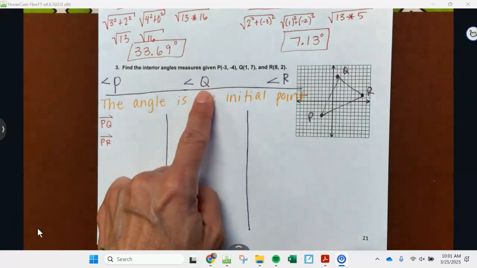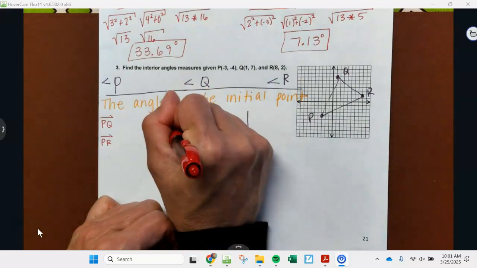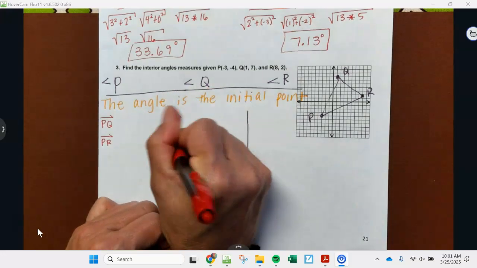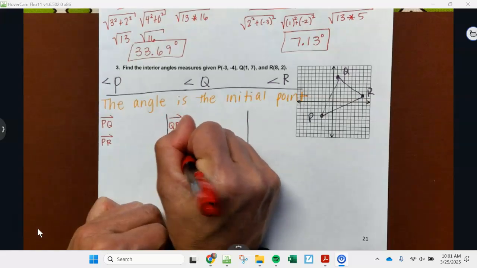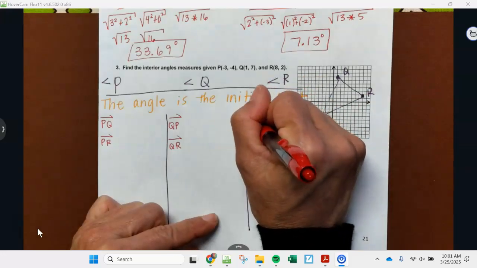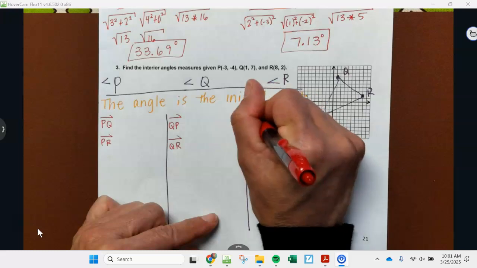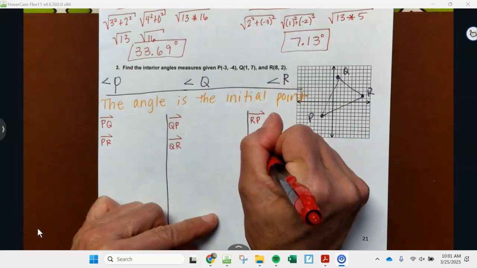If I'm looking for angle Q, then I'm looking for angle QP and vector QR. If I'm looking for angle R, then I'm looking for RP, then RQ.